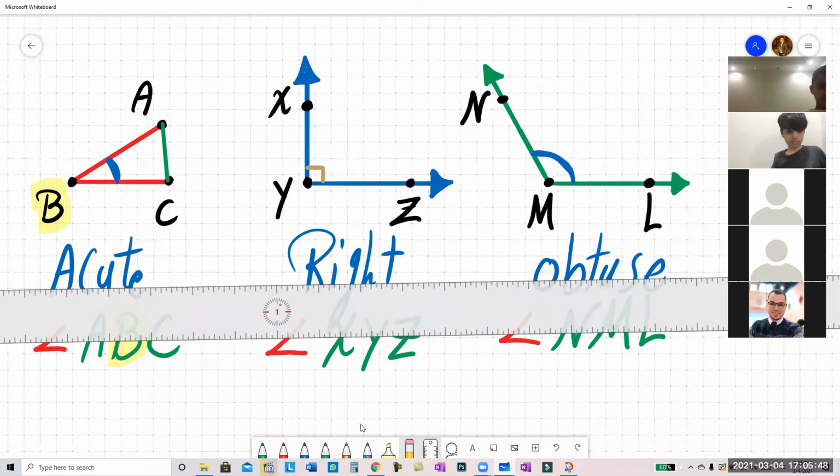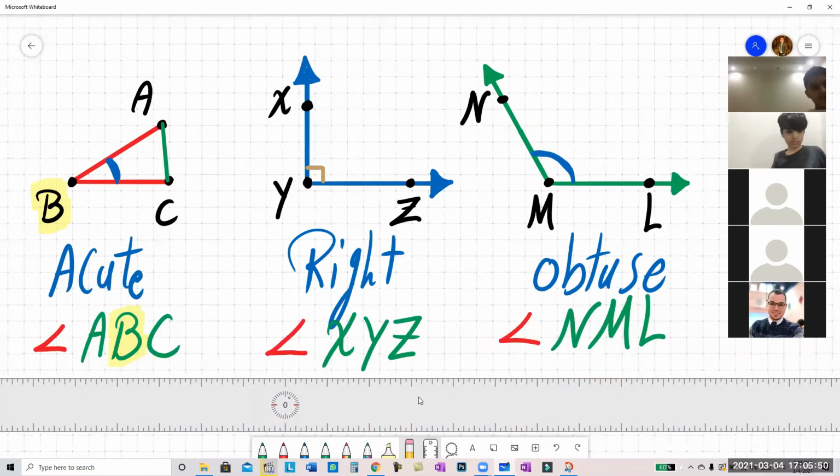So we have a closed shape here and we have a triangle, as we learned before. Of course, we all know what a triangle looks like. So ABC here is a triangle.